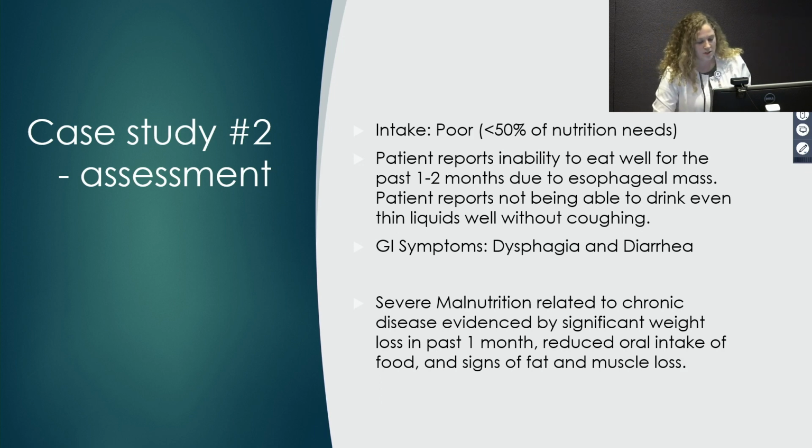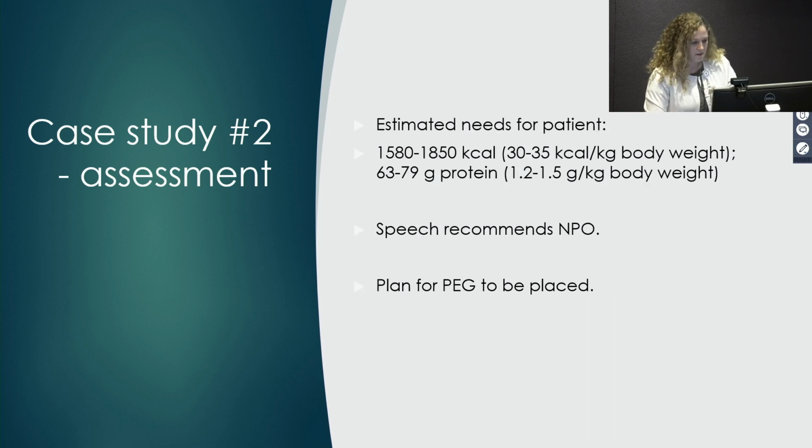She had a mass in her esophagus that was actually kind of obstructing food from going down very well, and it was to the point where she was having trouble with even thin liquids. So that's definitely a problem, and she was going to be seen by speech to kind of evaluate that as well. But for my note, my impression that I put was that she did meet the criteria for severe malnutrition, and I listed the criteria that meets that.